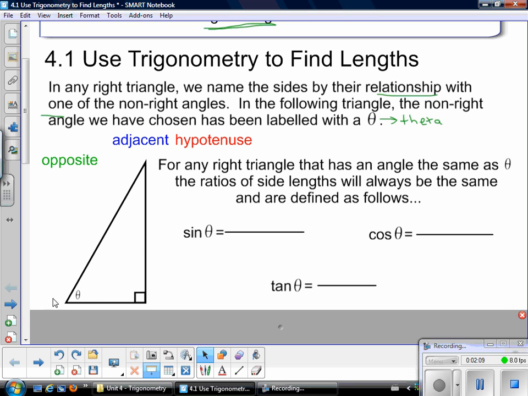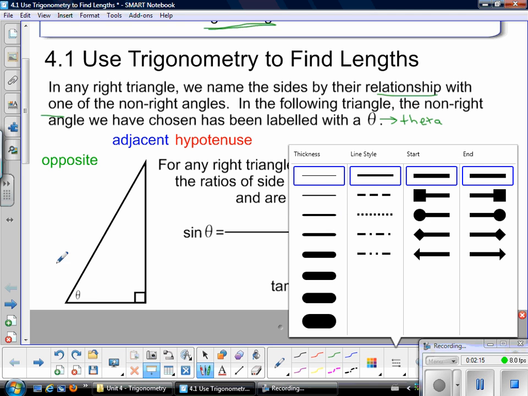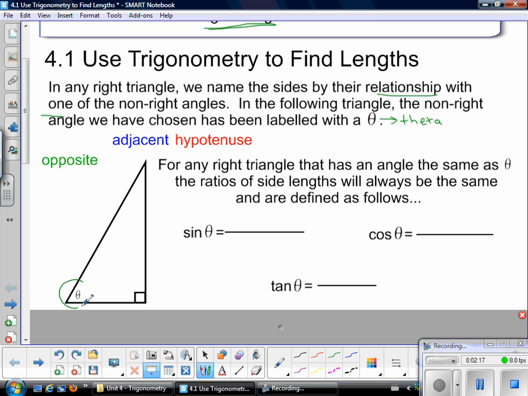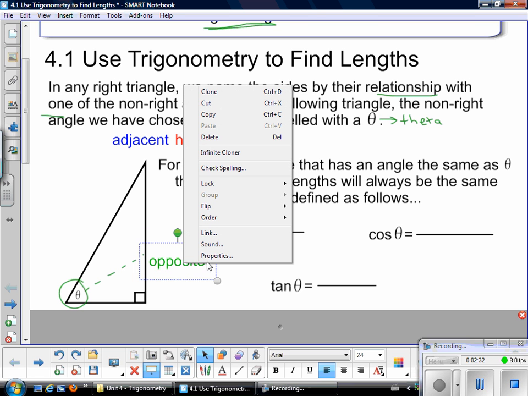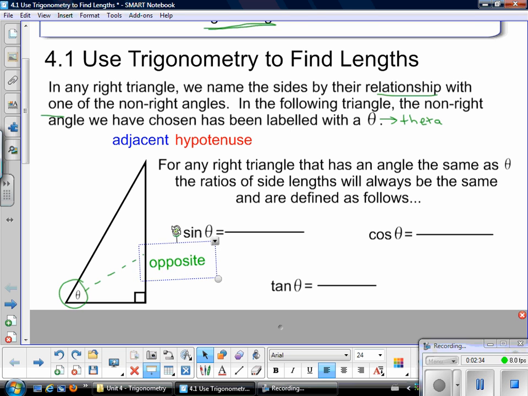So here is my theta. That is the important angle that we're concerned with. Our side lengths are labeled according to that angle theta. So opposite of theta is literally the opposite side from it. That would be this one, and I'm going to flip mine if I can.